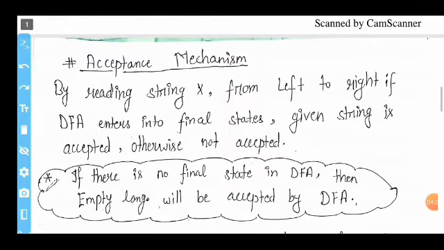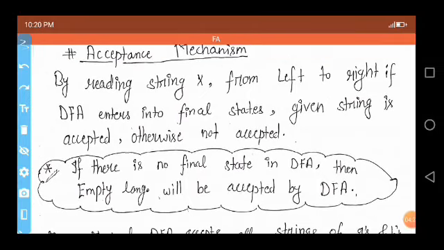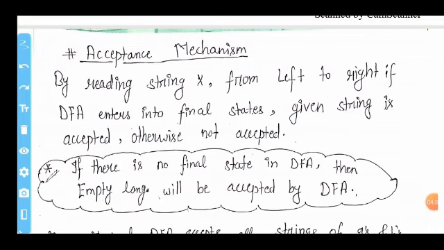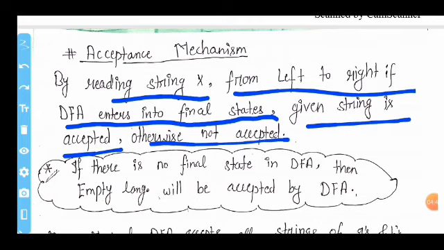Now, what is the acceptance mechanism of the DFA machine? By reading the string, transitioning from left to right, if the DFA enters into a final state, the given string is accepted, otherwise not accepted.